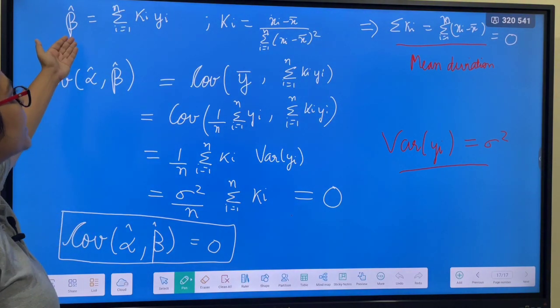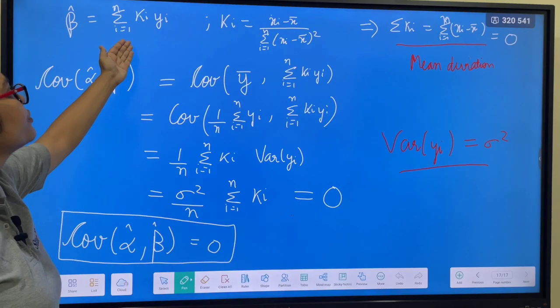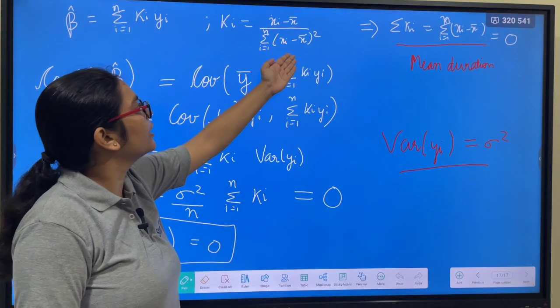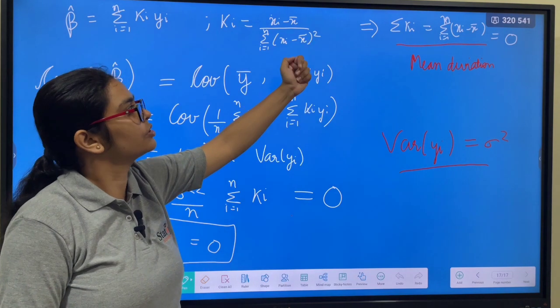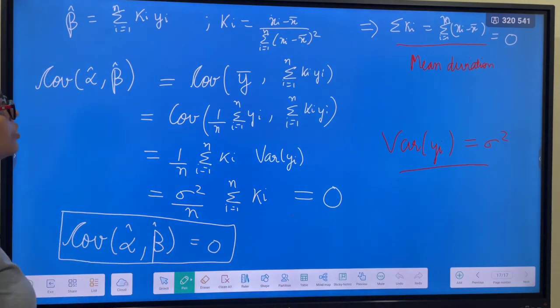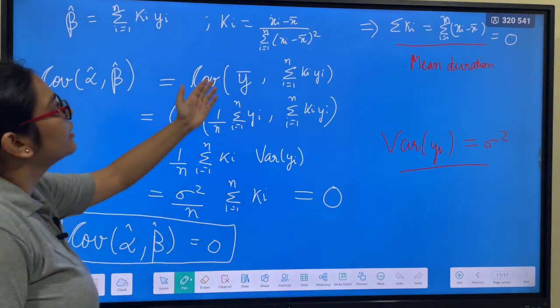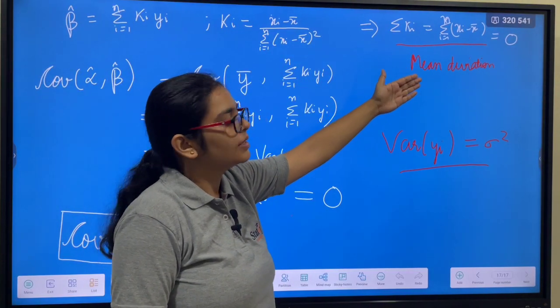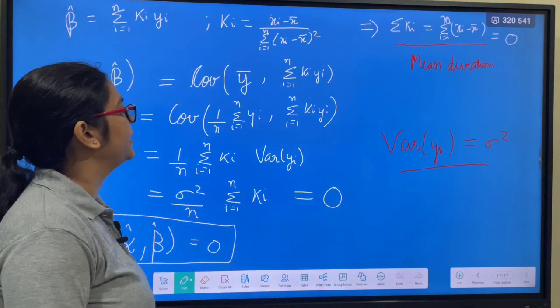We can again write beta cap as summation i goes from 1 to n ki yi, where ki is xi minus x bar upon summation i goes from 1 to n xi minus x bar whole square. We also know that the summation of ki, which is summation of xi minus x bar, is nothing but 0 due to mean deviation.